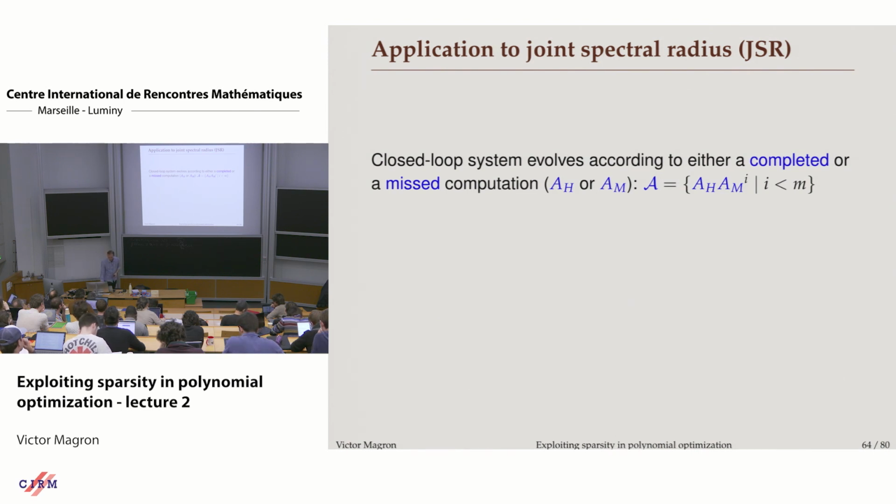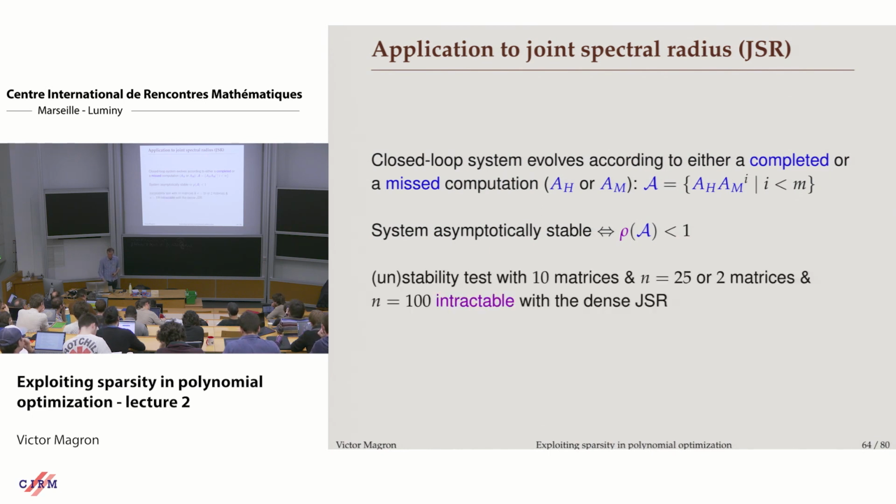M is called the deadline. And then, as I said before, a certificate that the system is stable is if rho is strictly less than 1. And then, of course, you can improve a bit the scalability with these techniques. Any question on this joint spectral radius thing? No? Okay.